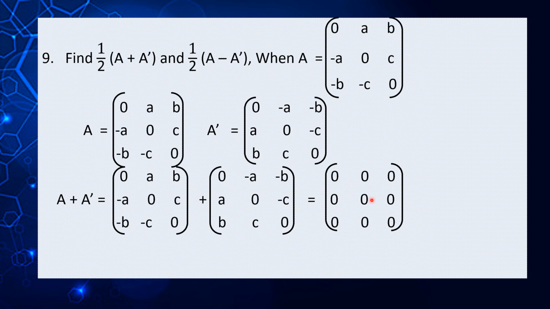So all the entries in the answer of the A plus A transpose matrix would be 0.